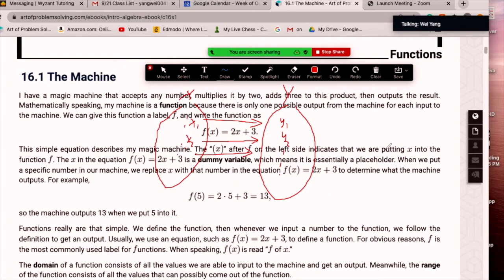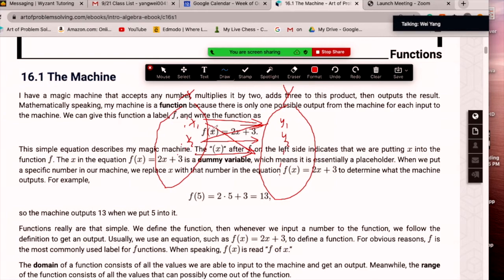For different x, you can correspond to the same y, that is allowed, but you don't allow the same x to respond to different y. If this happens, that's not a function, because it's useless.